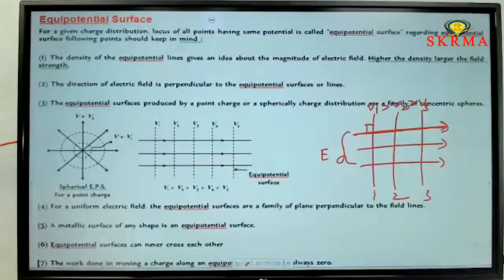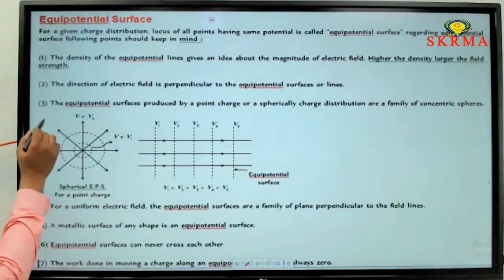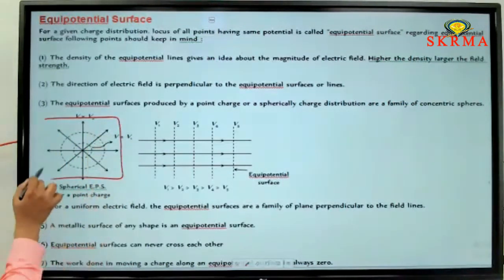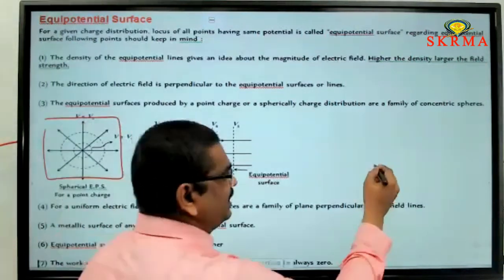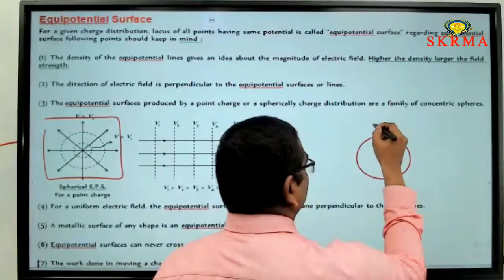Third point: equipotential surfaces produced by a point charge are concentric spheres. What is the shape of the equipotential surface for a point charge? That is a sphere. If it is a point charge, then equipotential surfaces are concentric spheres like this.